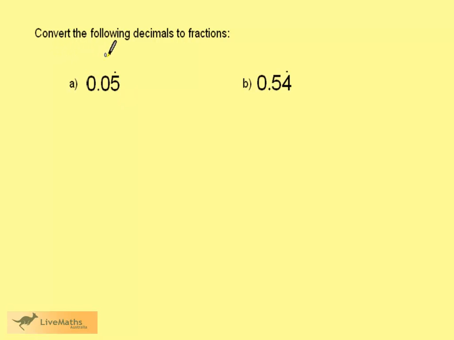We want to convert the following decimals to fractions. We have 0.05 recurring with the dot only over the 5.